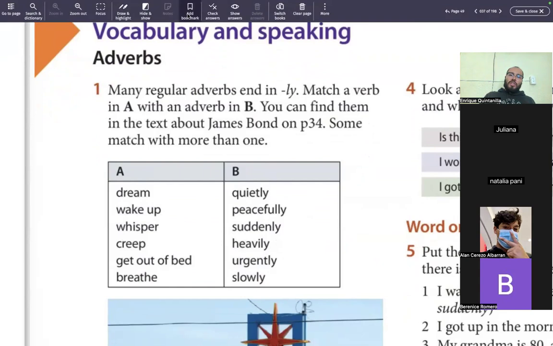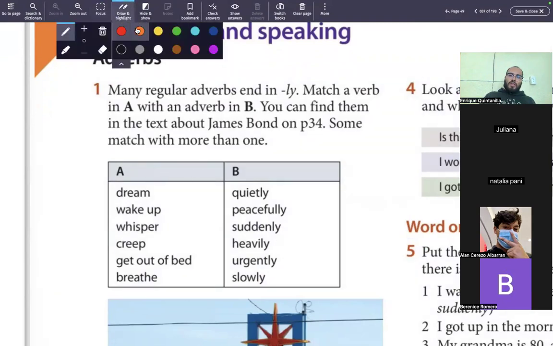For example, here we can say dream peacefully, wake up suddenly, or I suddenly wake up.